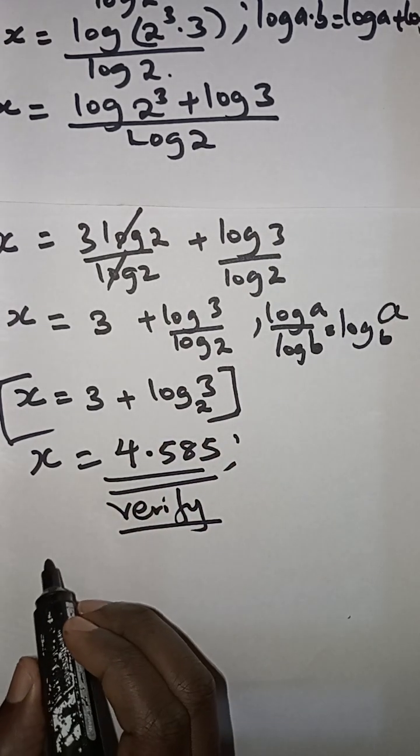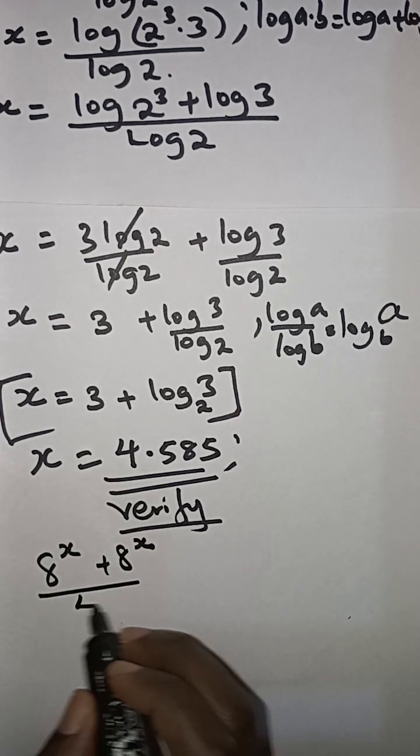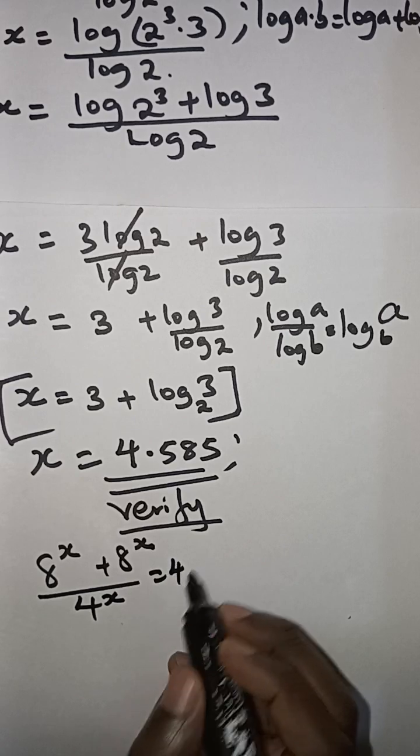I had 8 raised to x plus 8 raised to x, divided by 4 raised to x, is equal to 48.